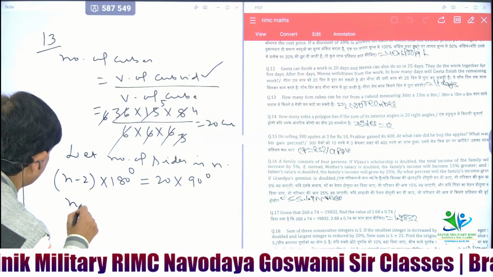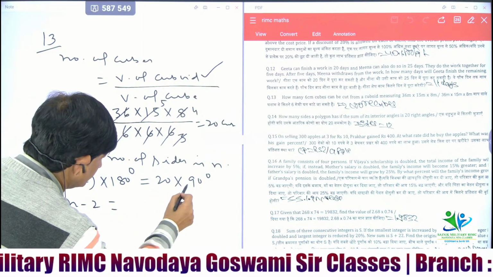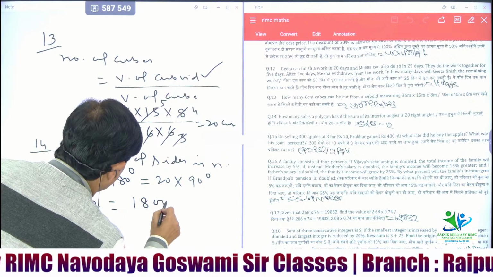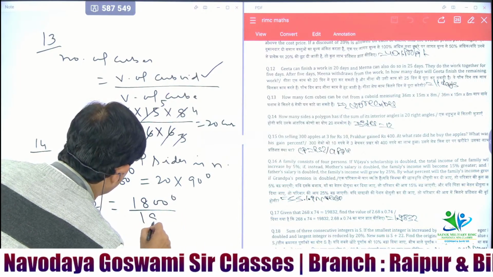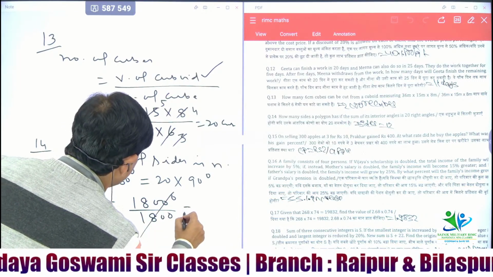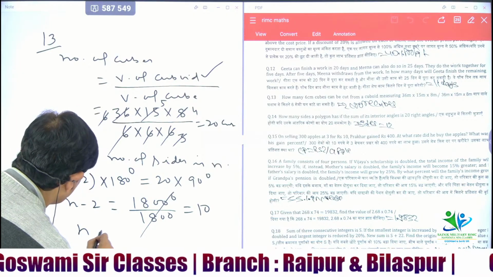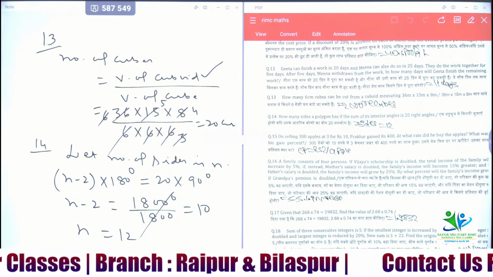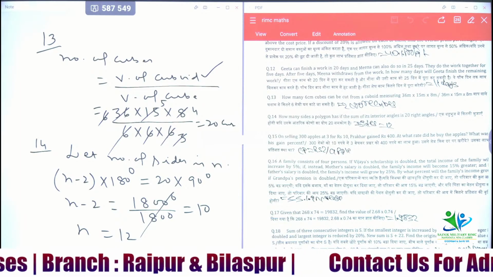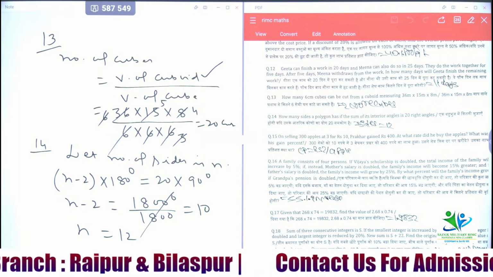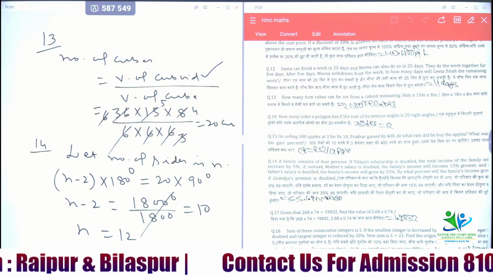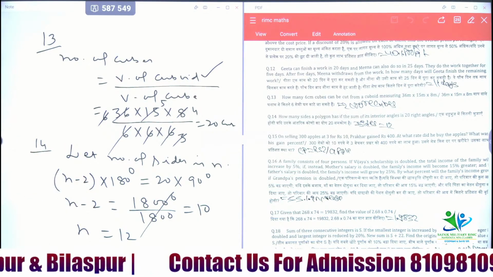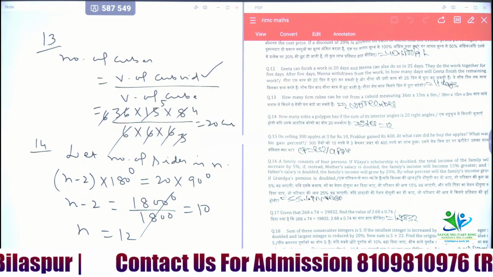And from here n minus 2 is 1800 degree divided by 180 degree. Cancel here, you get here 10, and number of side is 12. So for finding the number of sides of a polygon, if sum of interior angle is given, you have to apply this formula n minus 2 into 180 degree.